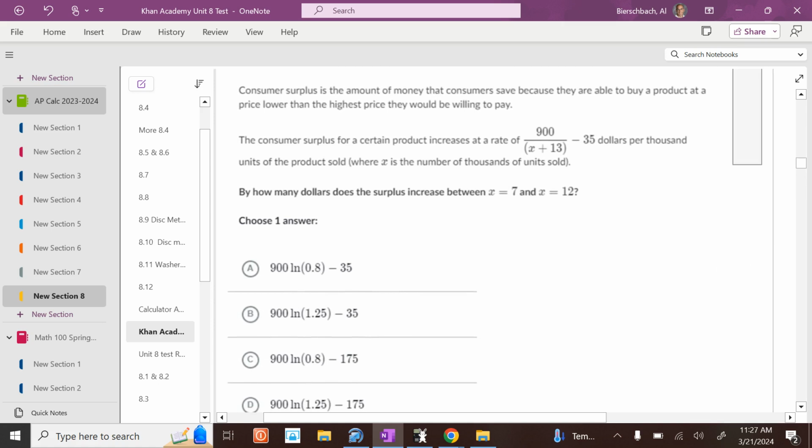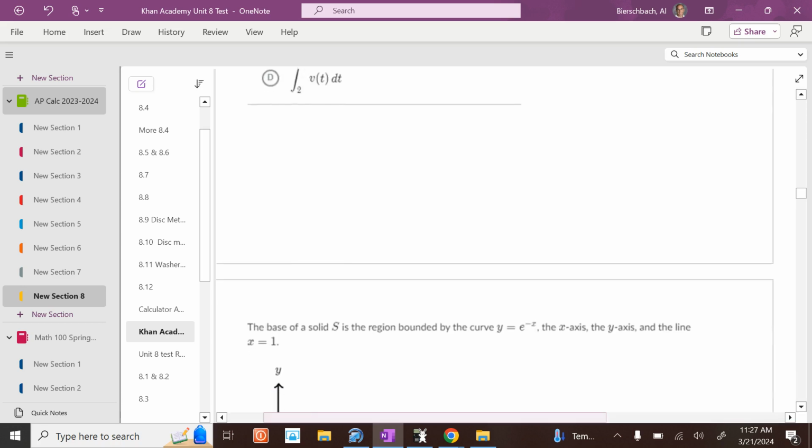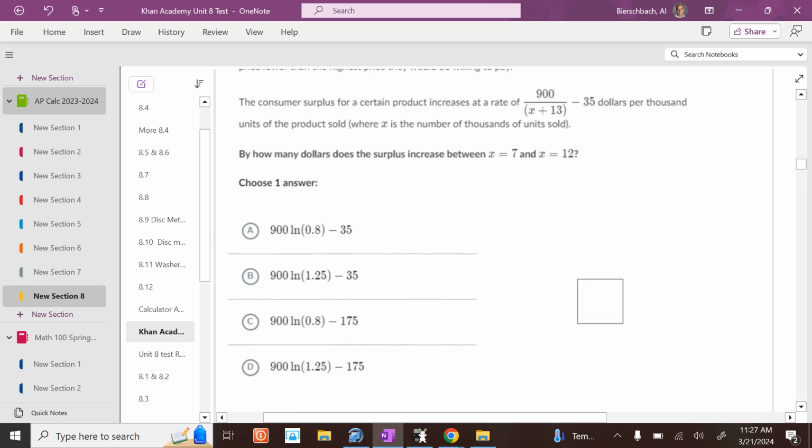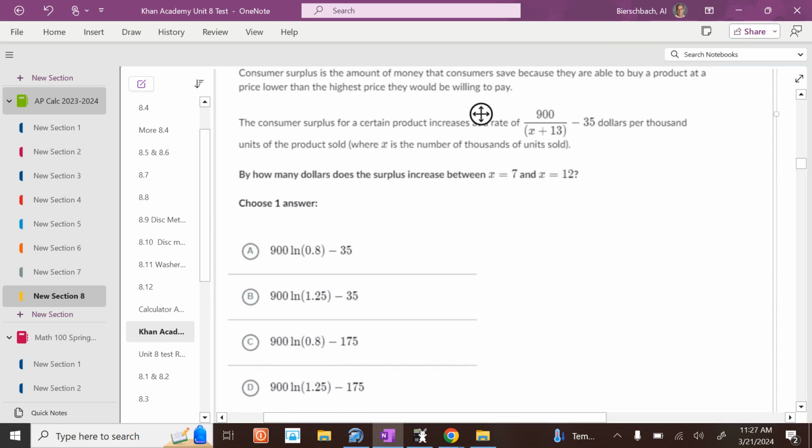Consumer surplus is the amount of money consumers will save because they're able to buy a product at a lower price than the higher price that they would be willing to pay. Consumer surplus for a particular product is that. How many dollars does a surplus increase between 7 and 10? Okay.